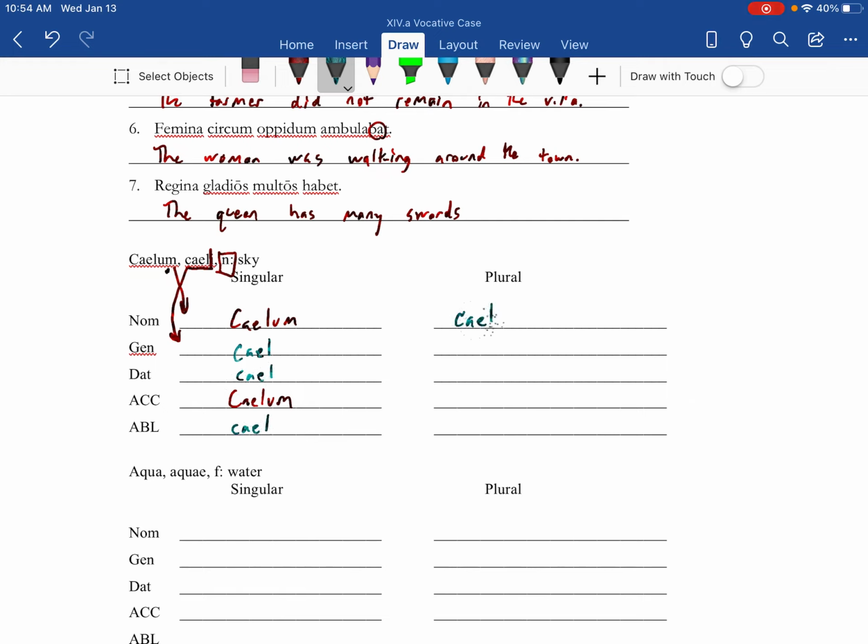I'll show the stem in a different color. And the other thing about neuter, nominative and accusative plural end in A.